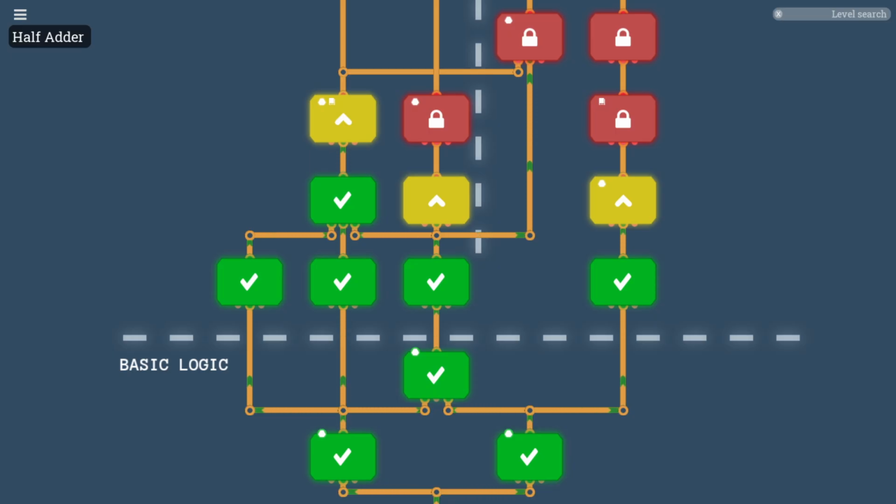A half adder is a fundamental combinational logic in digital electronics, designed to add two single-bit binary numbers, typically A and B. It produces two outputs, which are the sum and a carry.